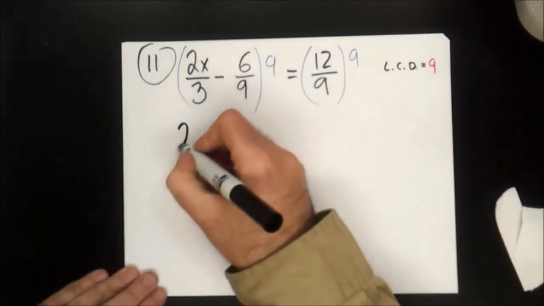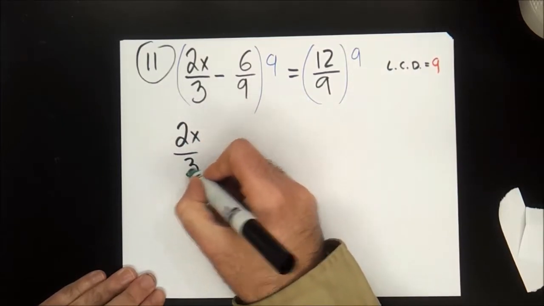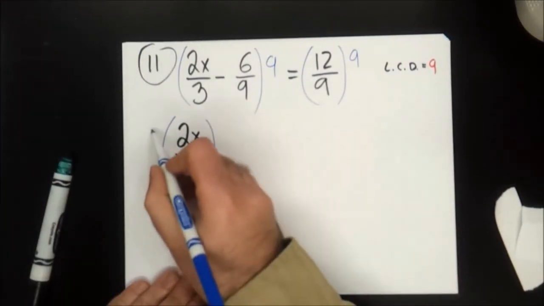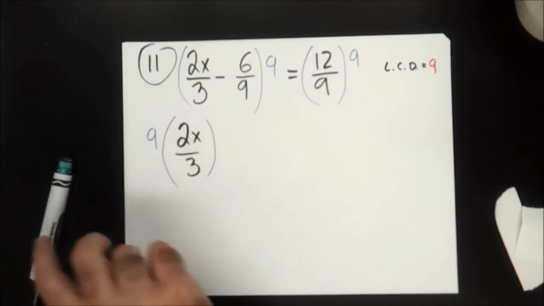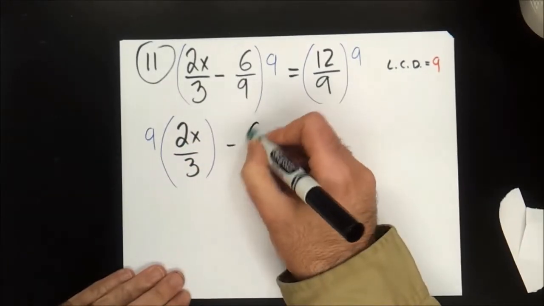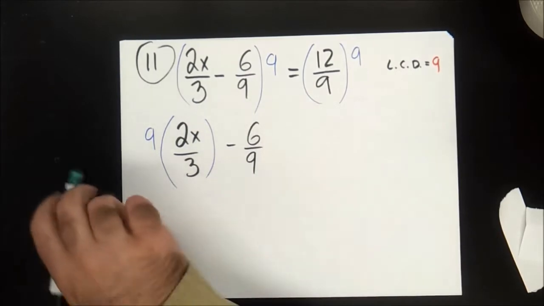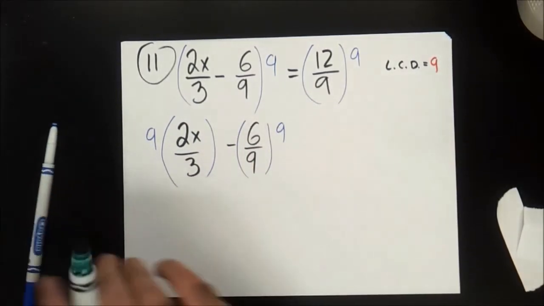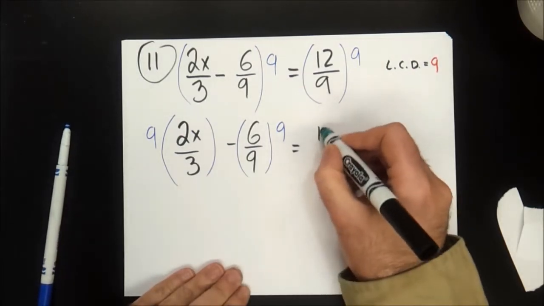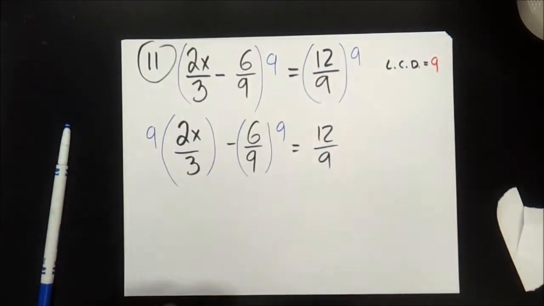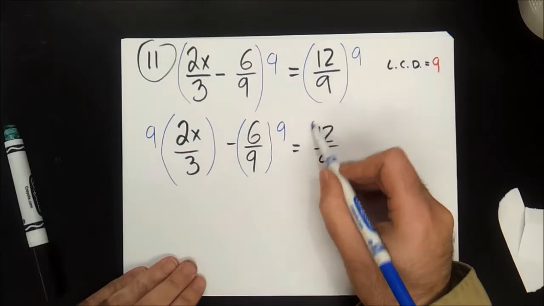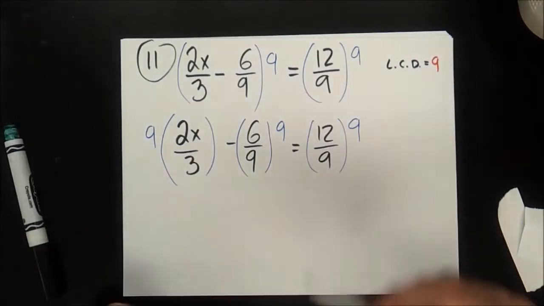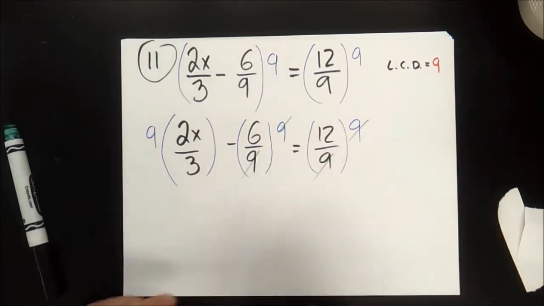So I have 2x over 3 times 9 minus 6 over 9 times 9 equals to 12 over 9 times 9. With these two, it's simple. Cross, cross, cross, cross, gone.